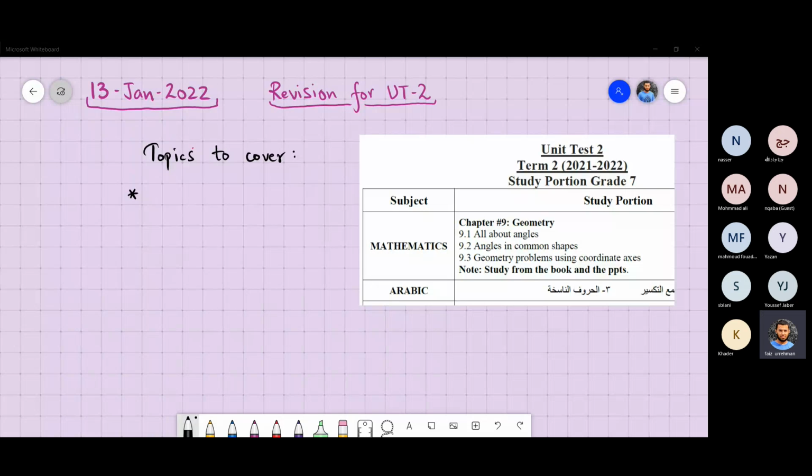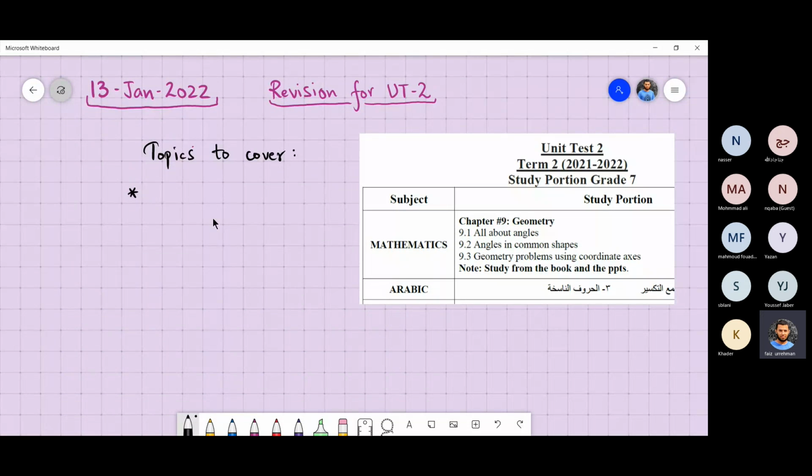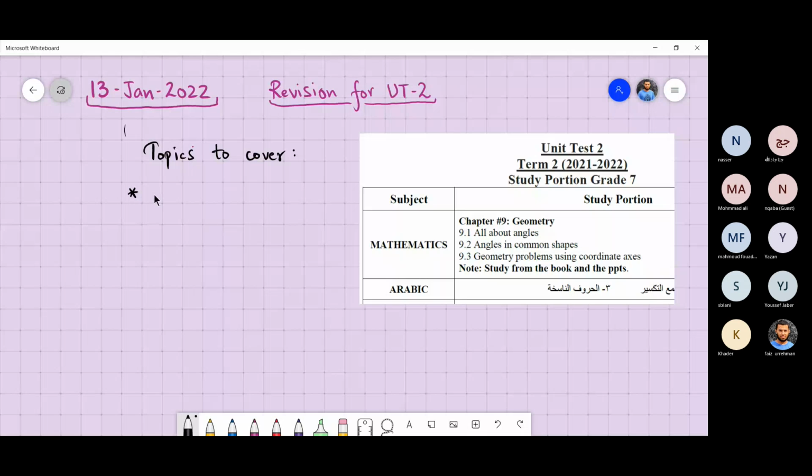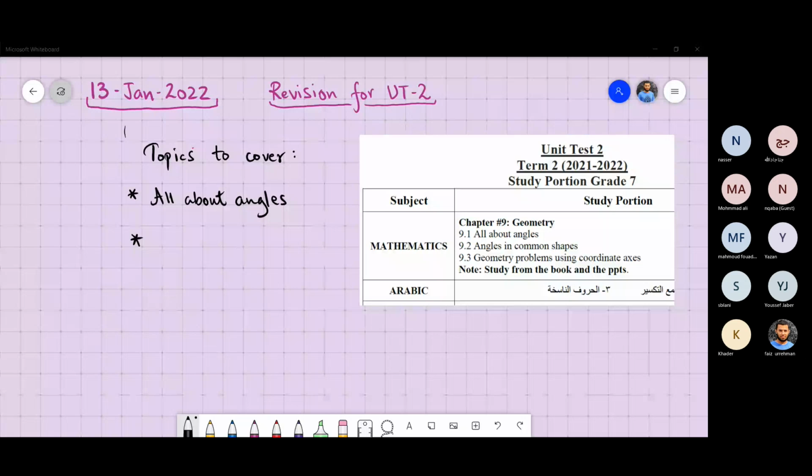I will write 9.1, 9.2. Angles. No need to write this, just watch. No need to write these topics to cover.